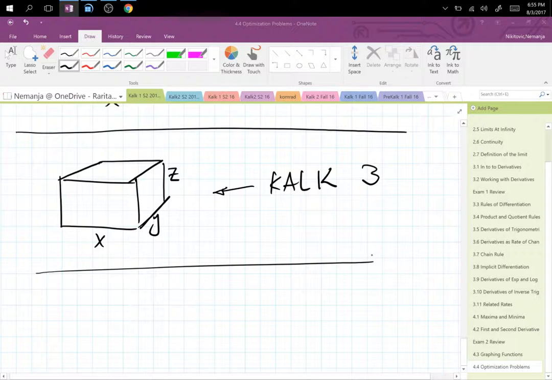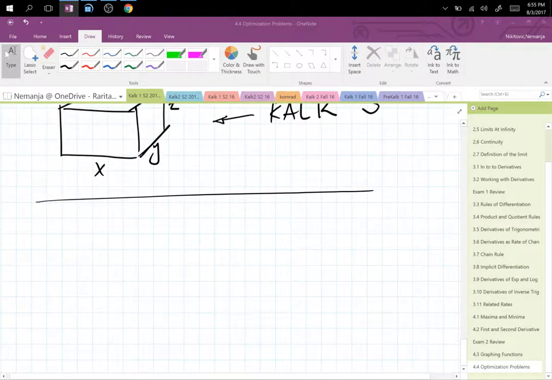So what we want to do here is the box. So for Calc 1 is the box with square base.